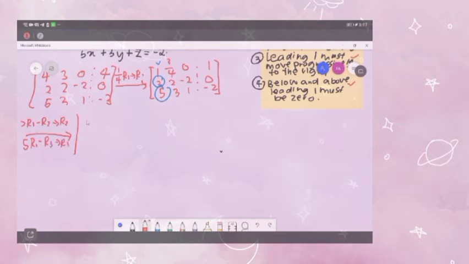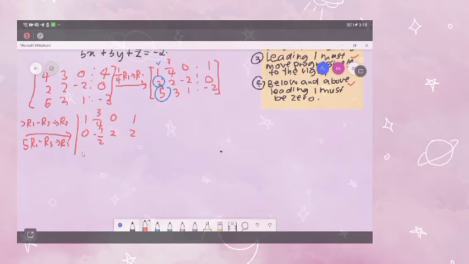So we copy 1, 3 over 4, 0 and 1 here. 2 times 1 is equal to 2 minus 2 is equal to 0. 3 over 4 times 2 becomes 3 over 2 minus 2, and it becomes 1 over 2. 0 times 2 is 0, and 0 minus negative 2 is equal to 2. 1 times 2 is equal to 2 minus 0, and this is equal to 2.